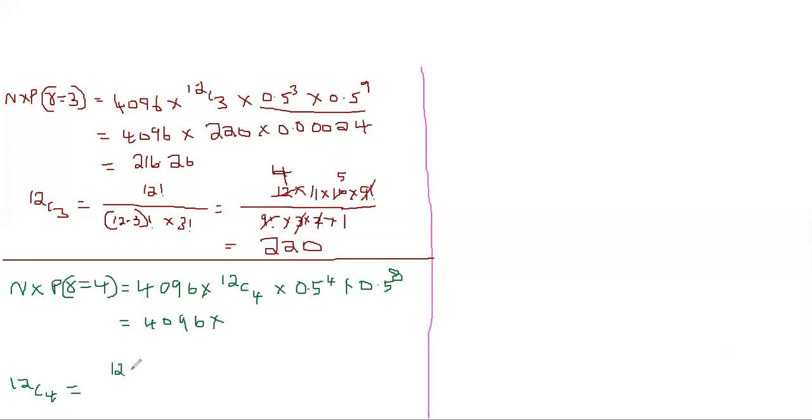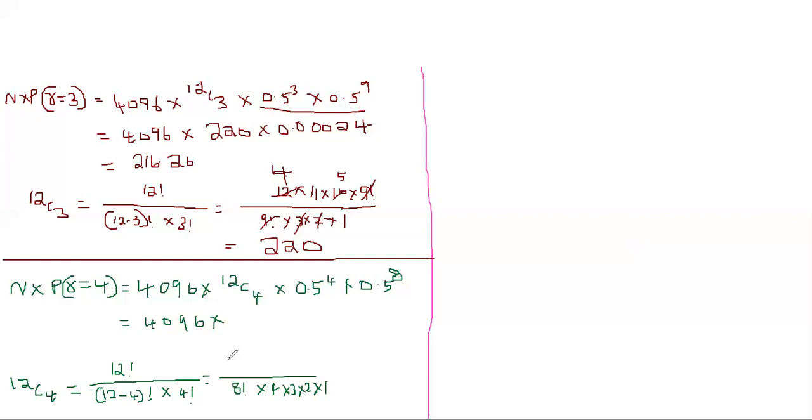12C4 is 12 factorial divided by 12 minus 4 factorial into 4 factorial. So 8 factorial is the biggest number, so that I'm going to write here, and 4 factorial I'm going to expand: 4 into 3 into 2 into 1.